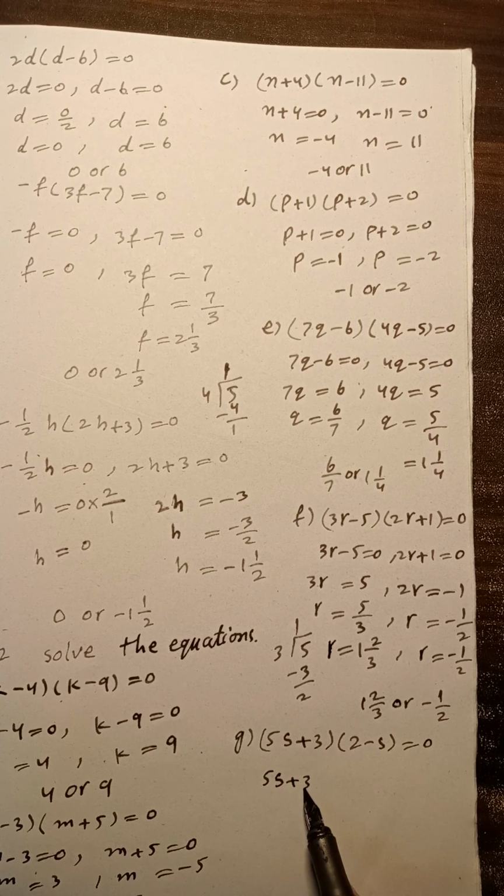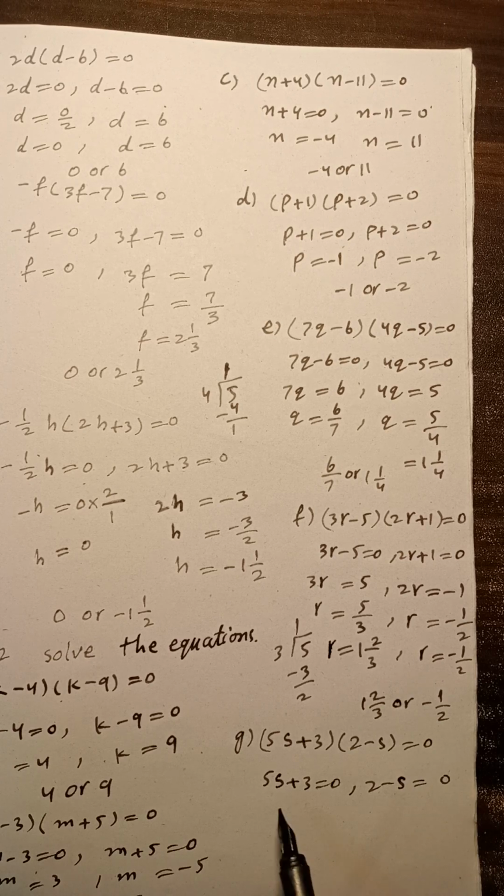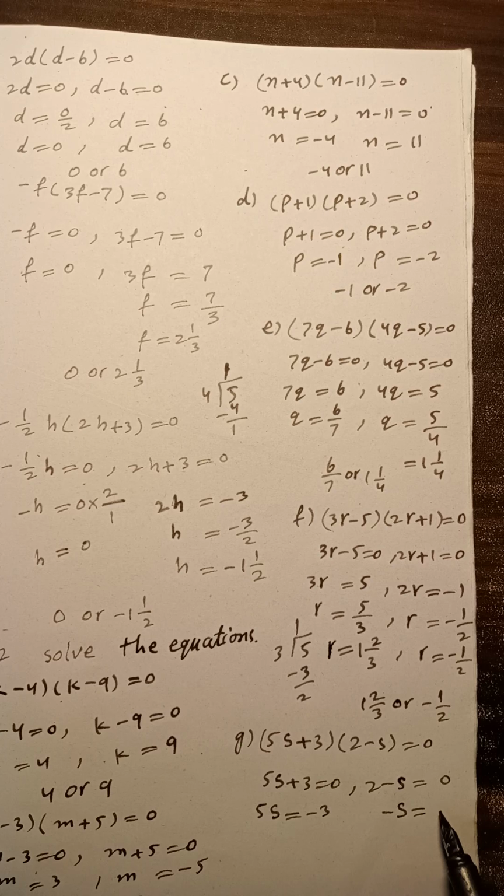See here, 5s plus 3 is equal to 0. This is one term, and 2 minus s is equal to 0 is another term. Now 5s will remain here and you will carry plus 3 to the other side, it will become minus 3, and here minus s will remain and plus 2 will be carried to the other side, it will become minus 2.